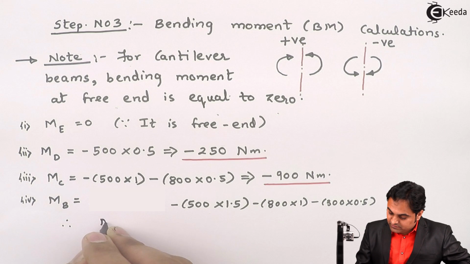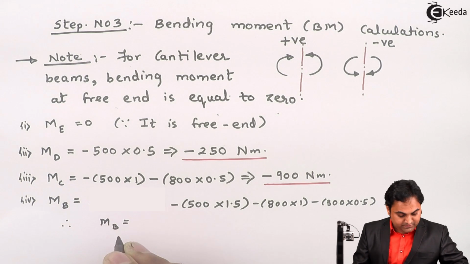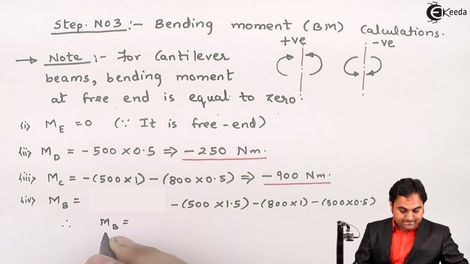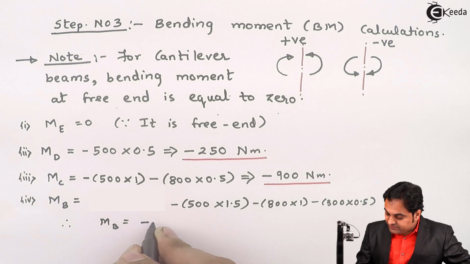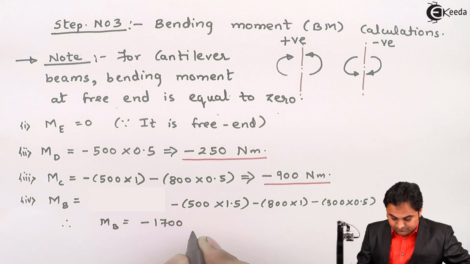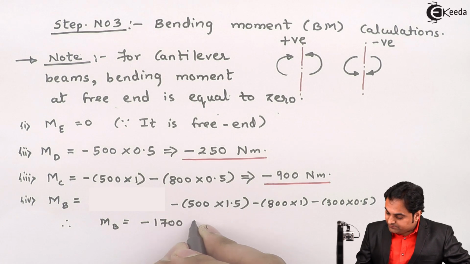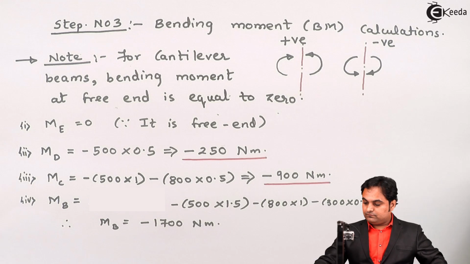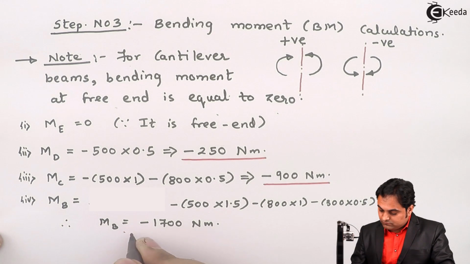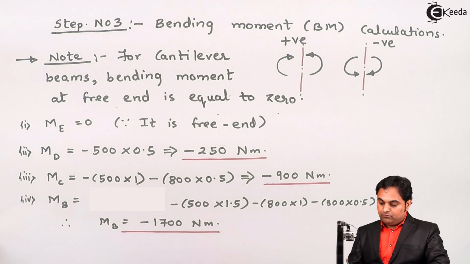So from this I will get the moment at point B is equal to minus 1700 Newton meter. Moment at B.